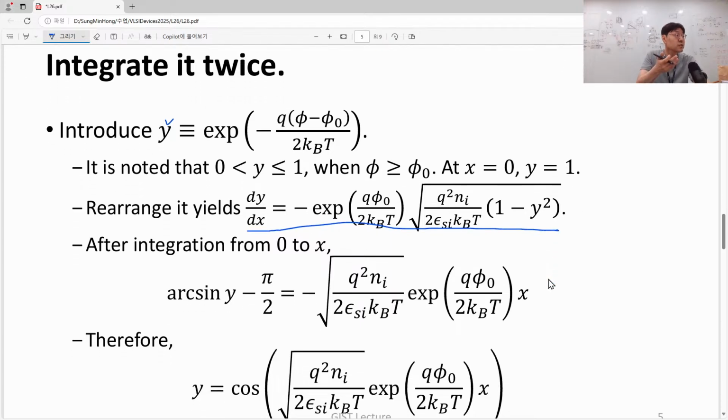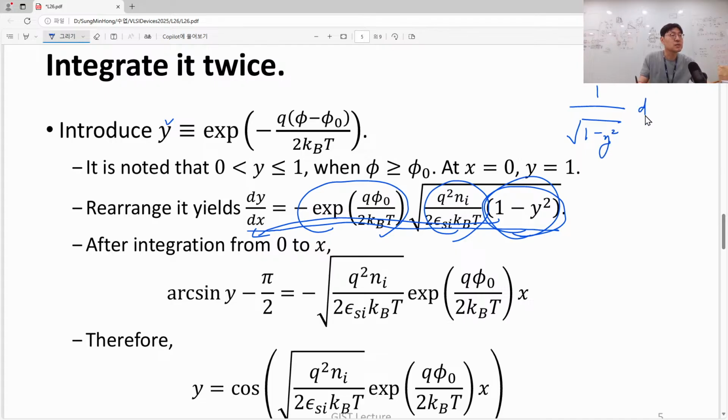You can just check it by applying this variable transformation. And now you can understand this is just a given number and this is a given number, and we have the square root of 1 minus y squared. So we can just send it here. Then we must make some integration of this quantity.